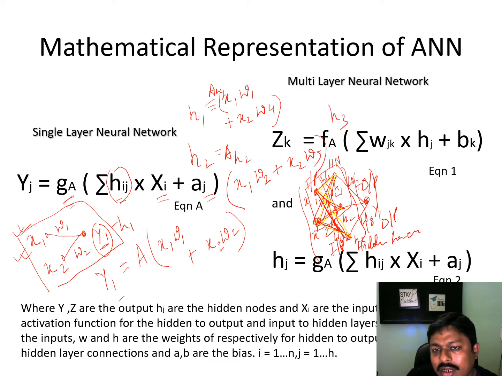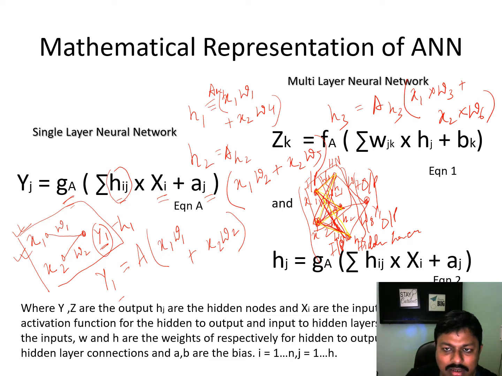And for H3, the input will be the same, but the weights will change: X1 into W3 plus X2 into W6. So here you can see that there are three nodes in this hidden layer: H1, H2 and H3.